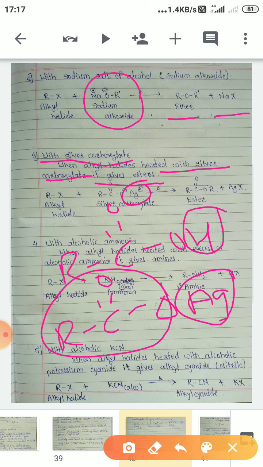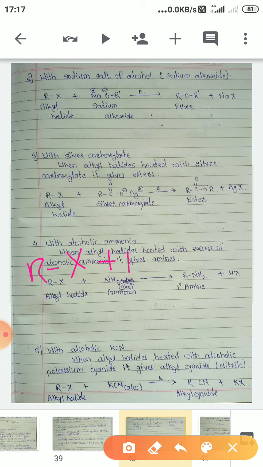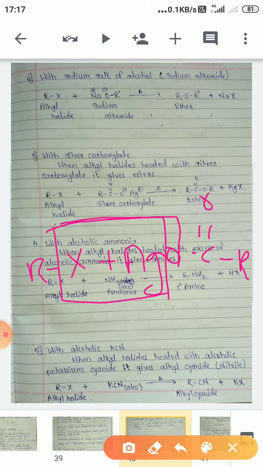When alkyl halides react with this silver carboxylate, we get ester. We can write the reaction this way: RX plus AgO C double bond O R. Form a bond between silver and halogen, and this R will get attached to the oxygen atom of the carboxylate group.